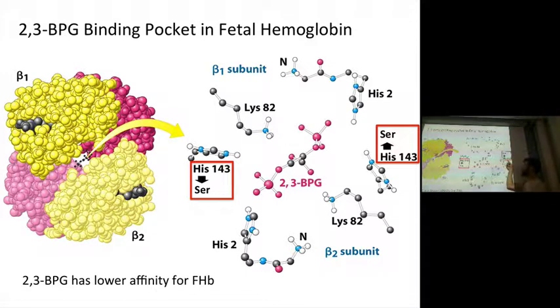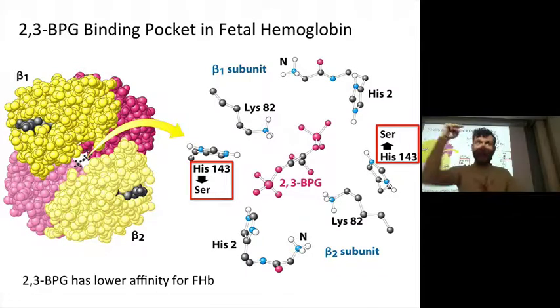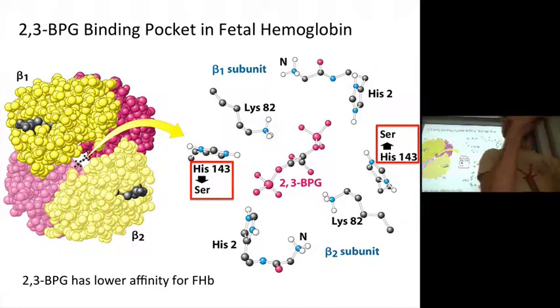Likewise in the beta 2 subunit. All right? So we have reduced the positive charge from 6 to 4 in this pocket in fetal hemoglobin. Not embryos, but unborn babies in the mother's womb. Okay? So 2,3-BPG has a lower affinity for sticking into that binding pocket. Okay.